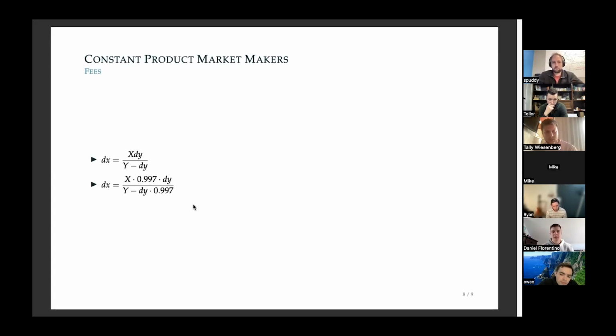So they pretty much say we're only counting 99.7% of what you're putting in, and you have access to 99.7% of the token you want to acquire. And once we start adding in the fees, the scenario of splitting up your trade into multiple smaller trades gets much worse.